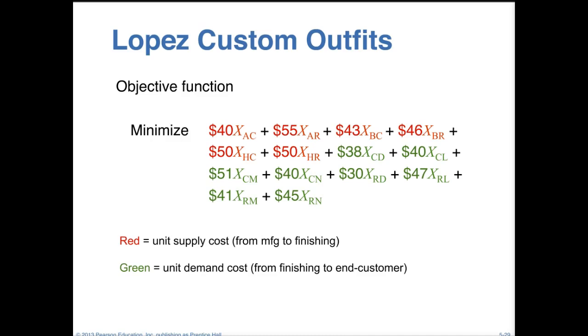So you can see with all of these, either the end destination is Charlotte or the end destination is Richmond. And then what's in the green is going from finishing to the end customer. And you can see from there, everything either comes out of Charlotte or it comes out of Richmond.